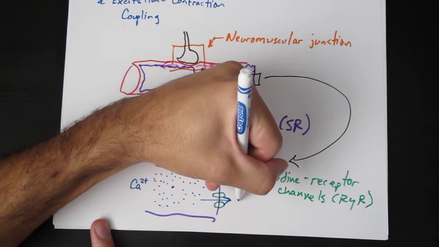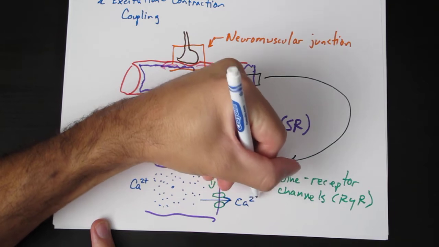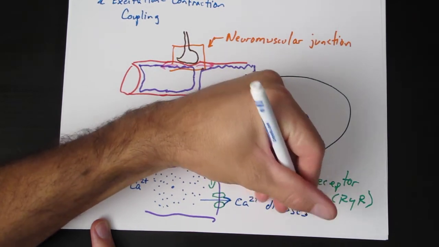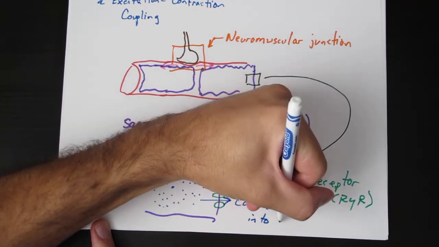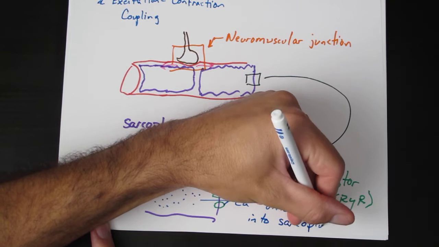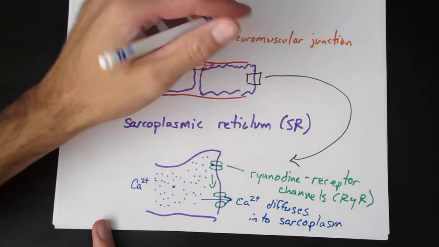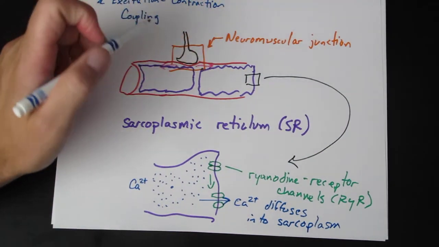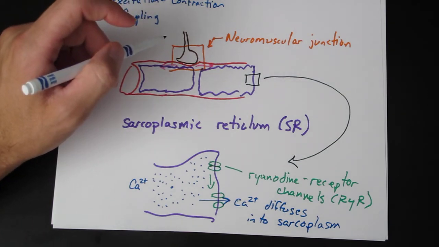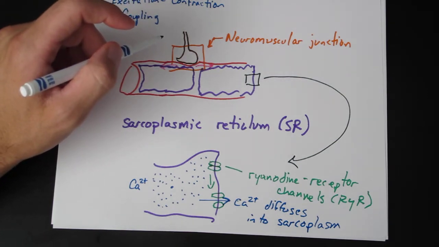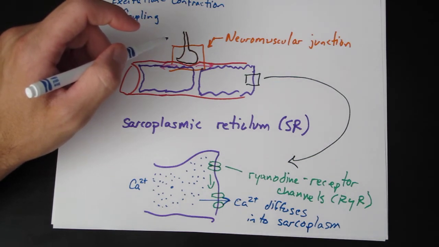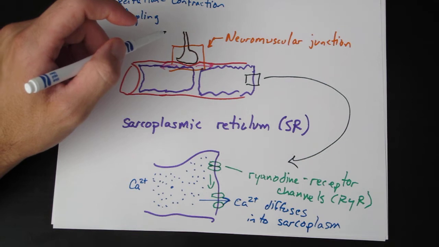Okay? It diffuses into the sarcoplasm. So what we're doing is essentially opening the valve on these storage tanks for calcium, and calcium is then going to move out. All right?